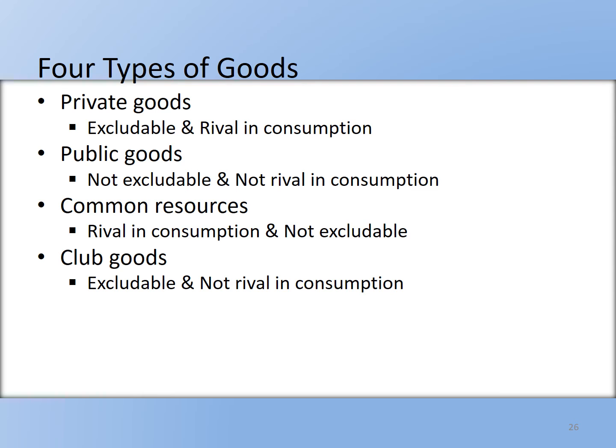And finally, club goods, excludable and non-rival in consumption. So I can stop you from using it, but my use does not affect your use, and your use does not affect my use. What would be a good example?